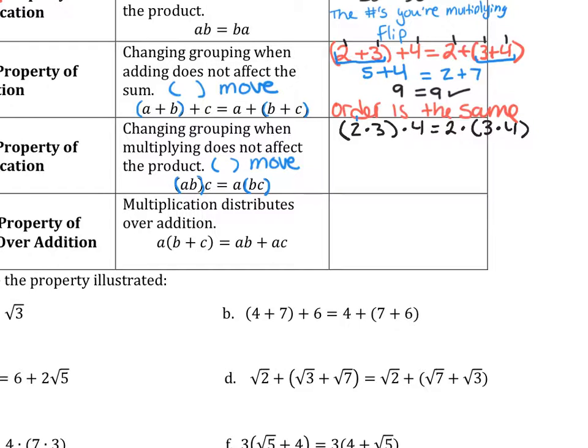And the order is still the same, 2, 3, 4, 2, 3, 4, but the parentheses have moved. So order of operations, we would do on the left side 2 times 3 first. And on the right side, we do 3 times 4 first.